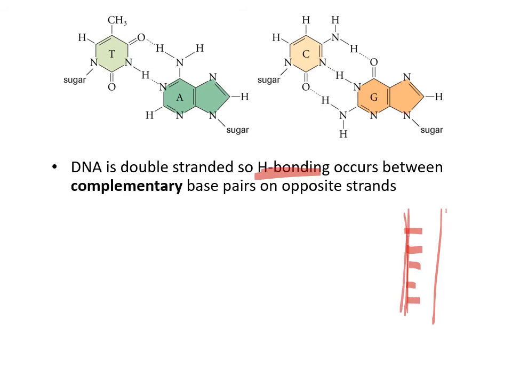That vertical part of the ladder is the sugar phosphate backbone, and the rungs of the ladder, the part where you'd step on a ladder, are the nitrogenous bases. So one side of the ladder is going to line up with the other side of the ladder that also has its nitrogenous bases facing into the center. And it is hydrogen bonding that holds those two pieces together.